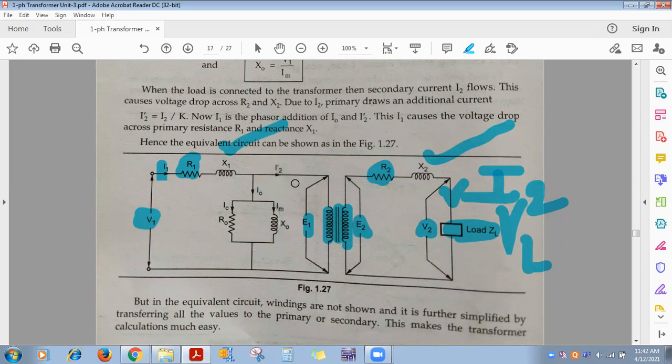Otherwise before it I0 was flowing. The moment you connect a load across the secondary, current I2 starts to flow through this load and produces phi2 opposite to phi1. See, the additional current the transformer takes, you can denote it as I1 dash also in some books.